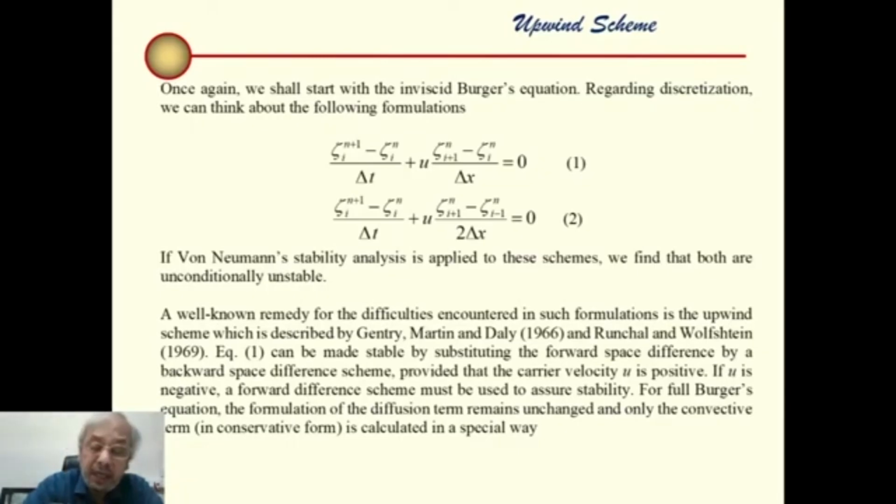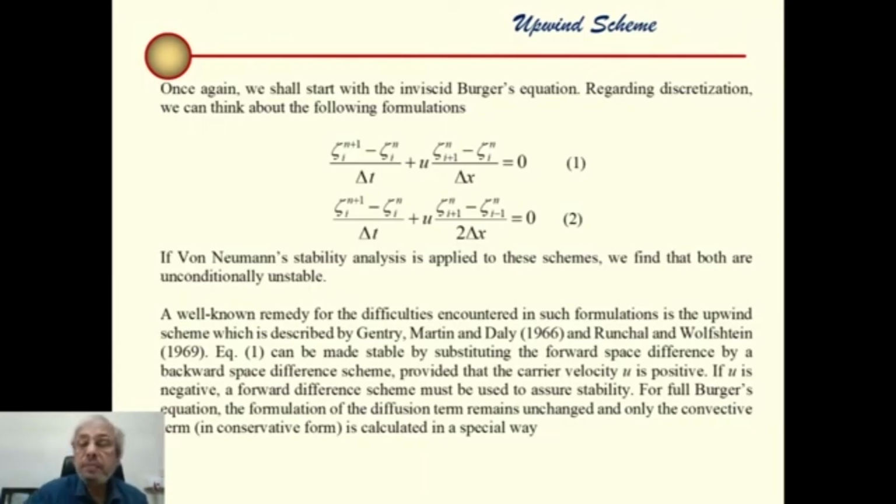Although we do not have the viscous term here, if we try to perform von Neumann stability analysis, we will find both these formulations 1 and 2 are unconditionally unstable. That means whatever you do, it will blow off. The calculation will not converge. So obviously, we have to look for the reason and look for the remedy.